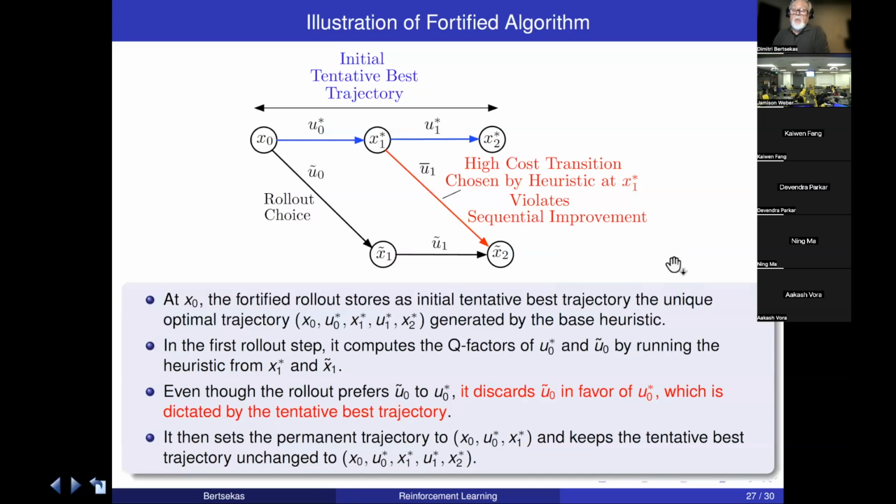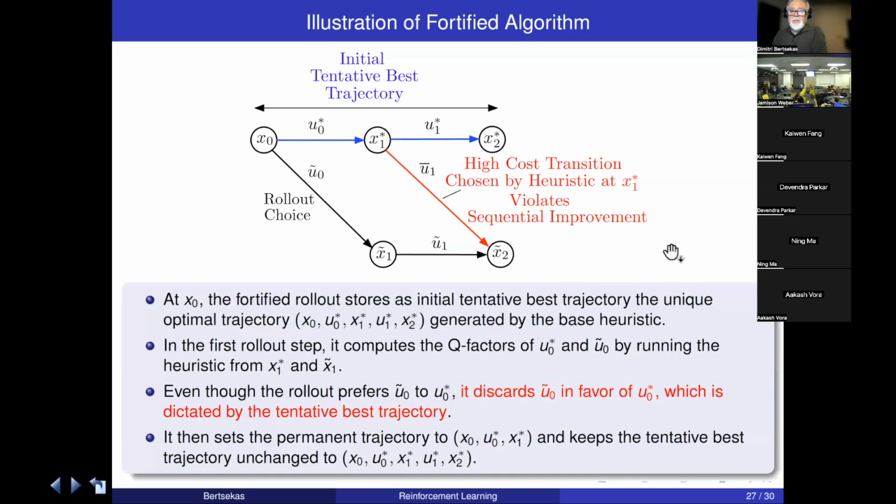We haven't shown this, but it happens in MPC. I mentioned in the last lecture that MPC can be viewed as a rollout algorithm, particularly for the case where the heuristic drives the state of the system to zero. Now you can prove that this particular heuristic is not sequentially consistent, but it is sequentially improving.